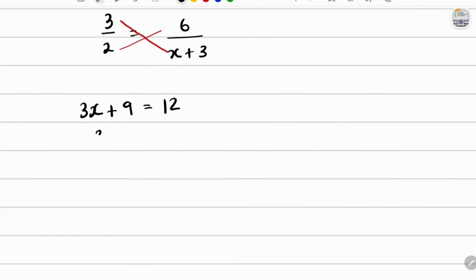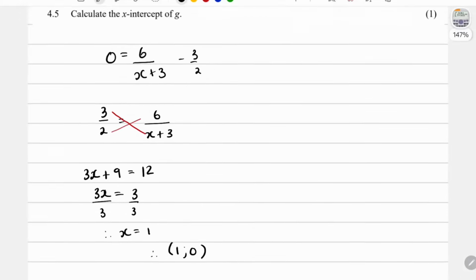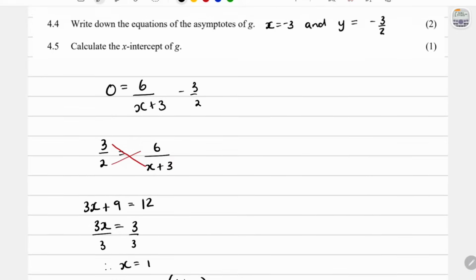Then simplify: 3x is equal to 12 minus 9, which gives us 3. Divide both sides by 3 to solve for x. Therefore, x is equal to 1. So our x-intercept as a coordinate is (1; 0). The x value is 1, the y value is 0. So that is the x-intercept of G.